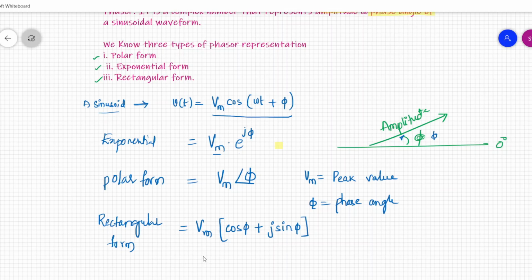Now let us take one example, and we are going to write the three forms of the example.